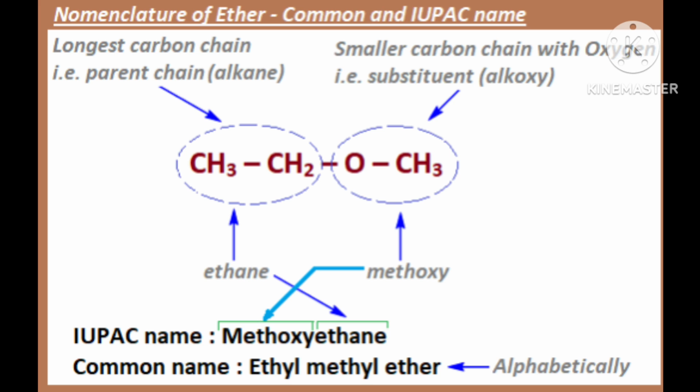OCH2 whole 6 CH3. CH3 means the total carbon will be 7. CH2 whole 6 means it is heptane in total. CH2 you have to write 6 times, and the end CH3 is there.